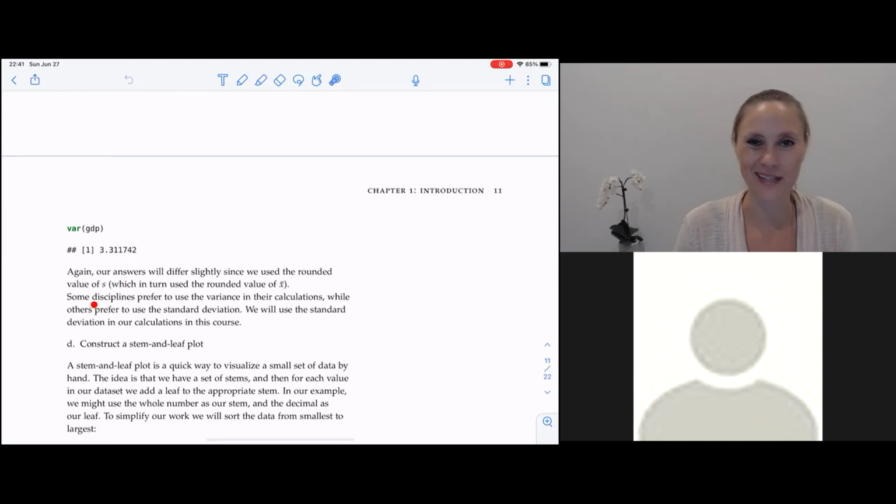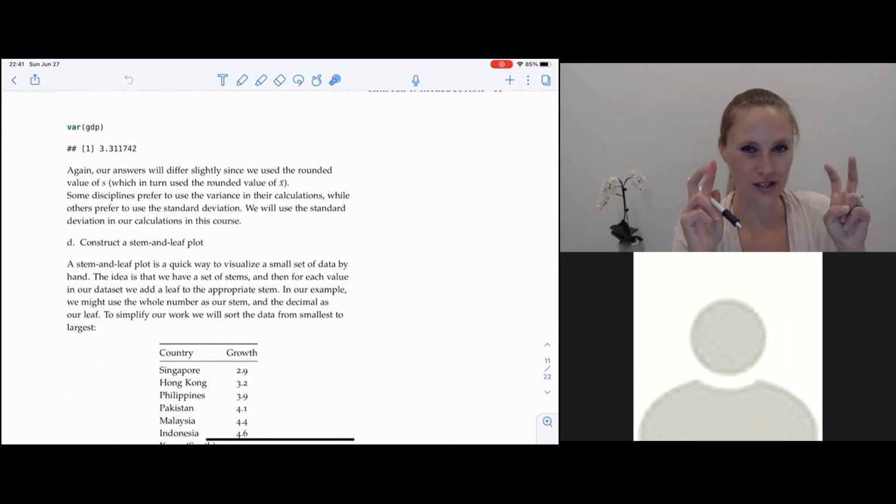But again, pretty minimal differences. Some disciplines, and like I said, definitely upper level statistics, if you go down that road, then you will start to use the variance more. And so we'll use the standard deviation in our calculations just because it's a little bit simpler.